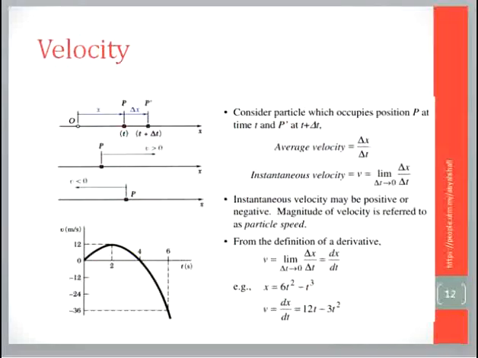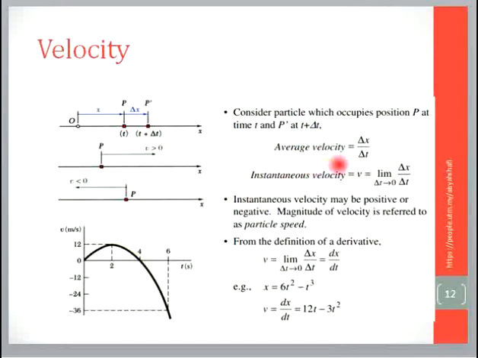And then let's learn about velocity. Velocity is the vector counterpart of speed. So it is similar to speed, but for velocity we have positive and negative direction. So from here, consider a particle which occupies position P at time t and P apostrophe at time t plus delta t.